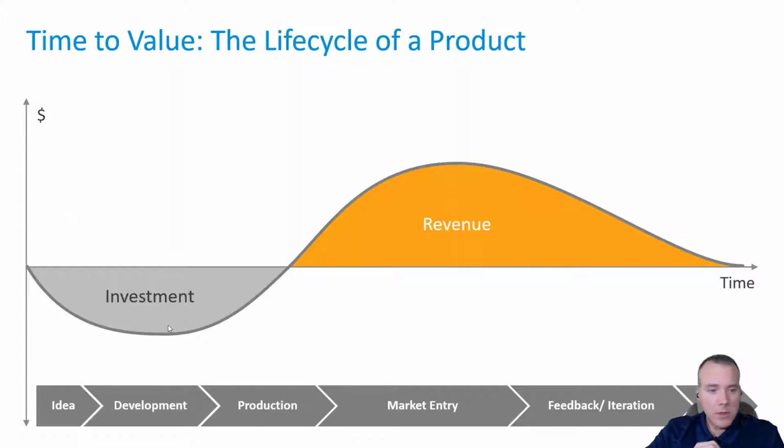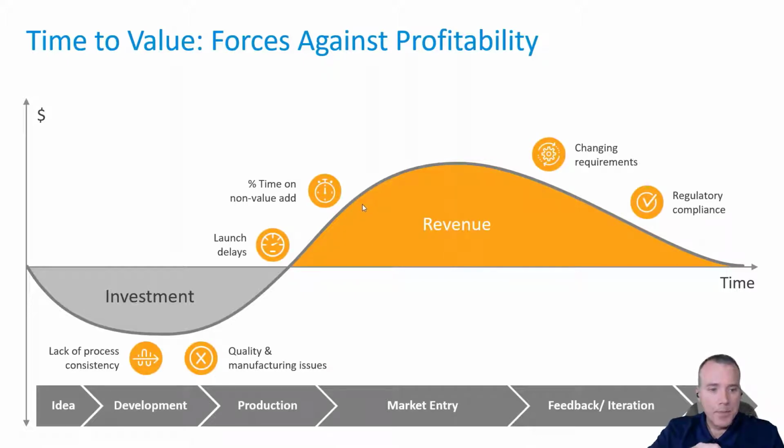So if this is a typical curve for what you do today, and you're not using PLM, what PLM can do is help you change that curve, right? Now the curve may be where it is today because you may have inconsistent processes, you may have quality issues, you spend so much of your time doing busy work that you're not adding value to the process, talking about you as people in general.